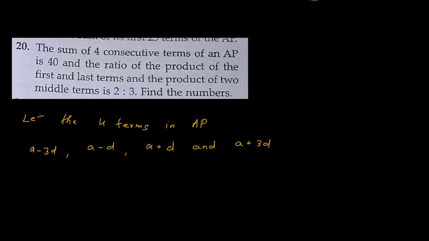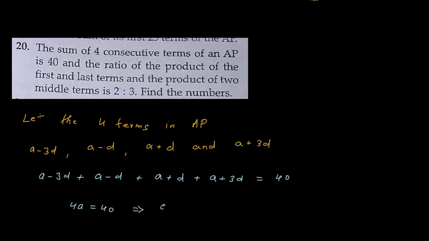So the sum of all these 4 terms, that is a minus 3d plus a minus d plus a plus d plus a plus 3d, is 40. Now minus 3d plus 3d will cancel, minus d plus d will cancel. So you will get 4a is equal to 40.